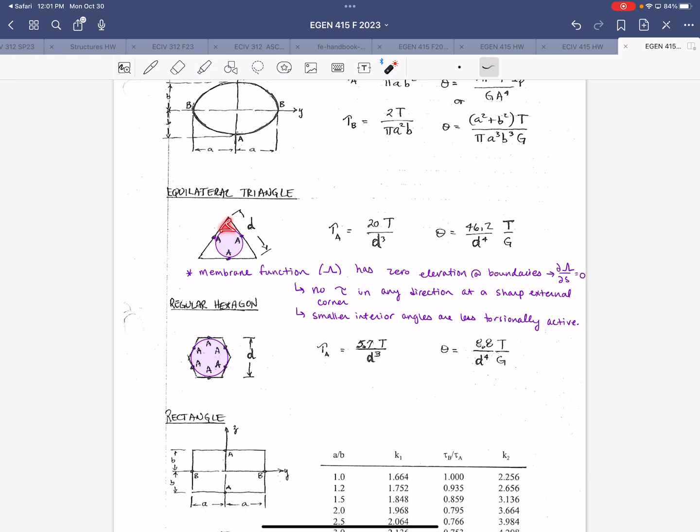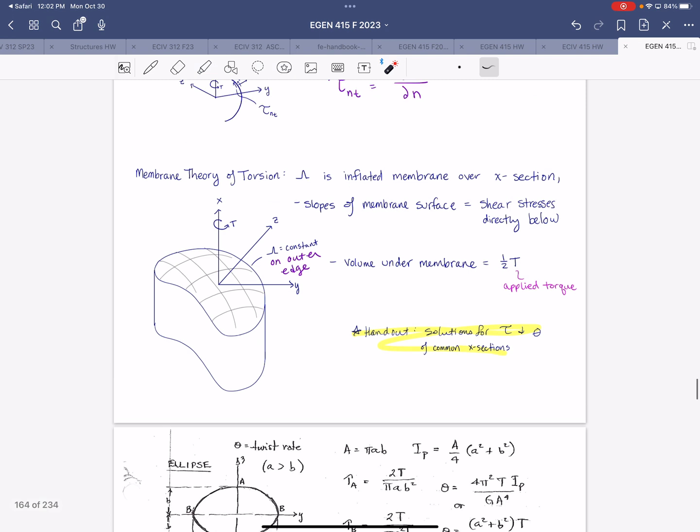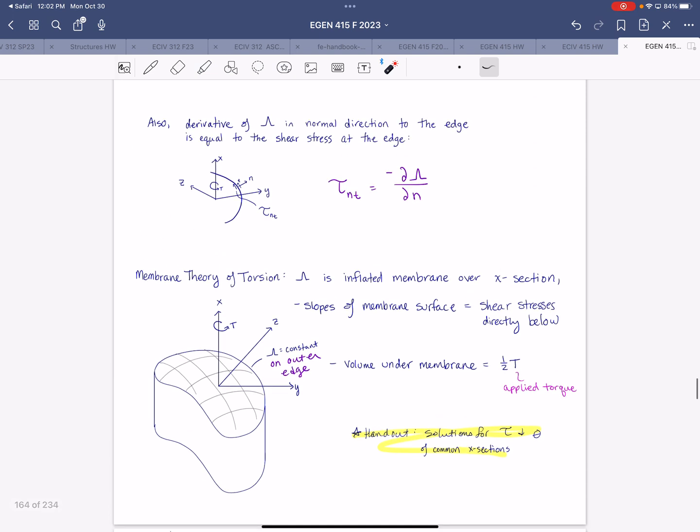And the portions of the corners that will be inactive in resisting torsion are greater for smaller angles. So also, if we go back to the general membrane function as a reminder, we said that the slope on the outer edge is constant.